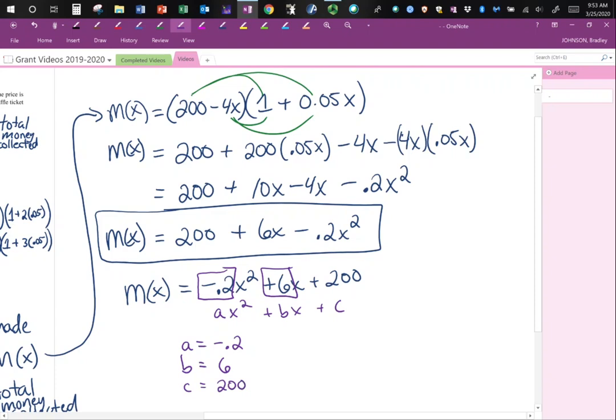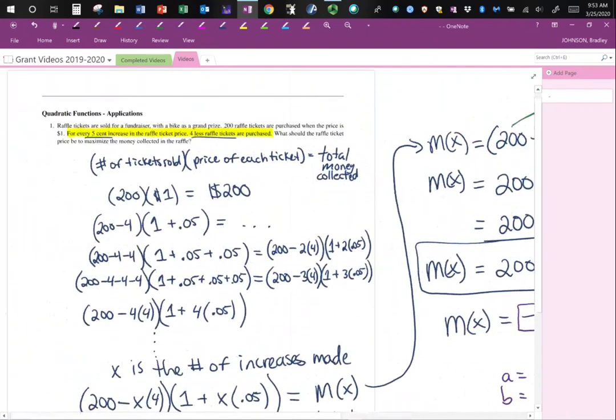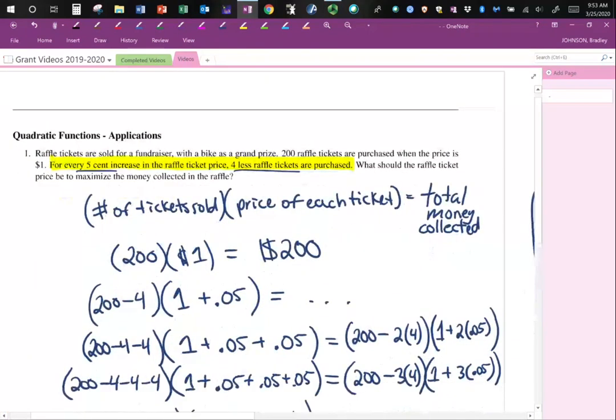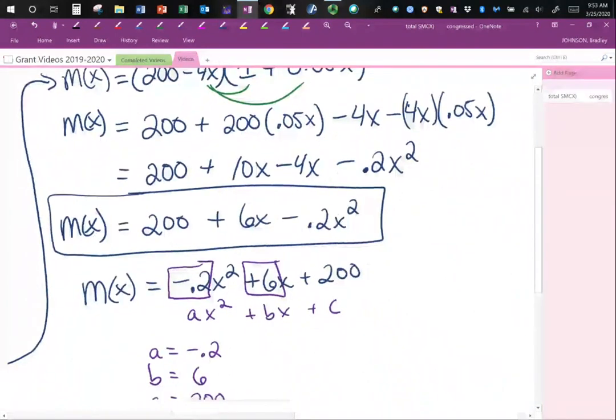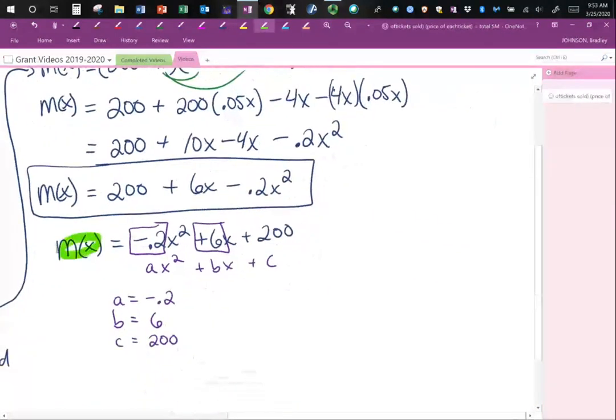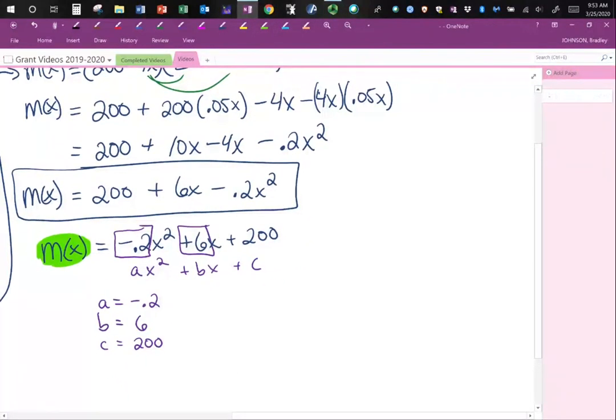But let's go back to the original question. What we need to do is maximize the money collected. So if we go to the money collected function, m of x, we need to find the max. And where would the max be?